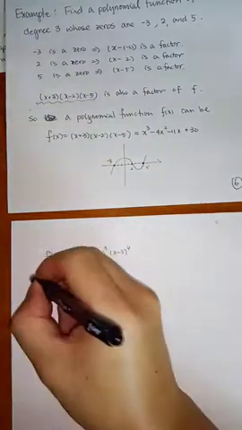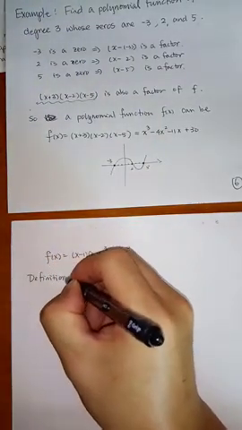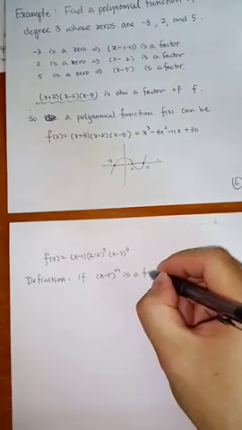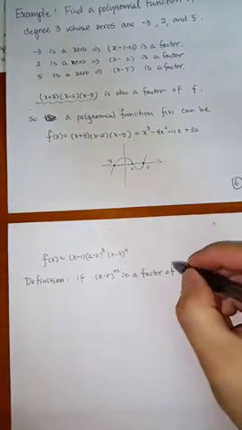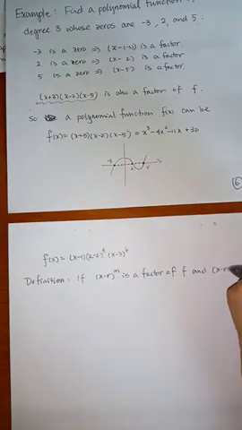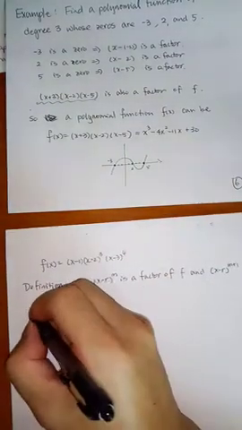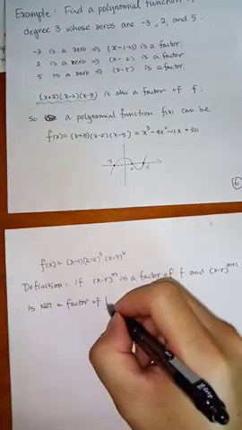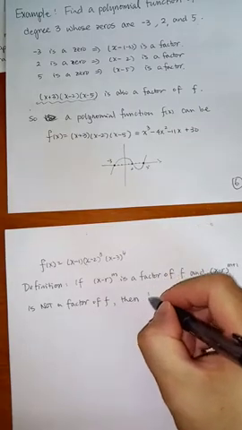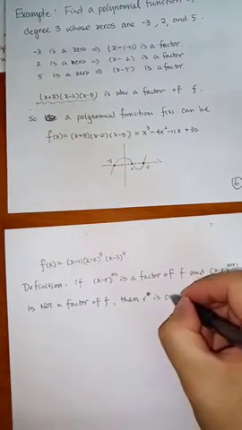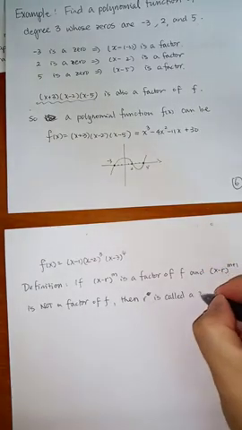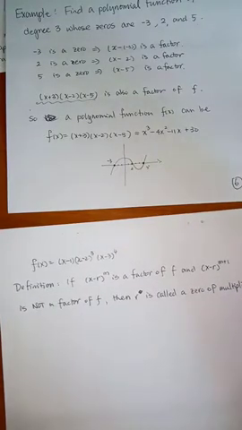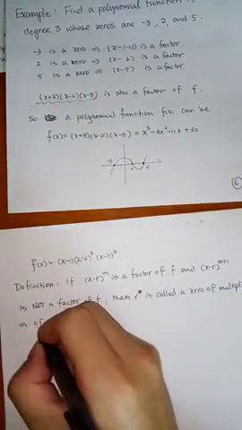Okay, so if (x minus r) to the mth power is a factor of f, and (x minus r) to the m plus 1, if you increase it, is not a factor of f, then r is called a zero of multiplicity m of f.